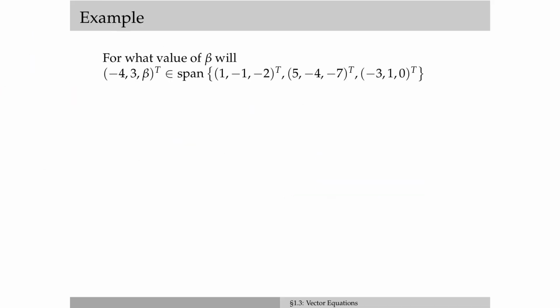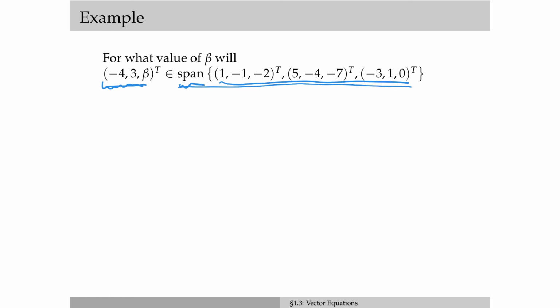All right. Now, in this example, I ask you, for what value of beta will this vector be in the span of those three? Let's take a step back. If this vector is in the span of this collection of vectors, that means it must be a linear combination of those vectors.